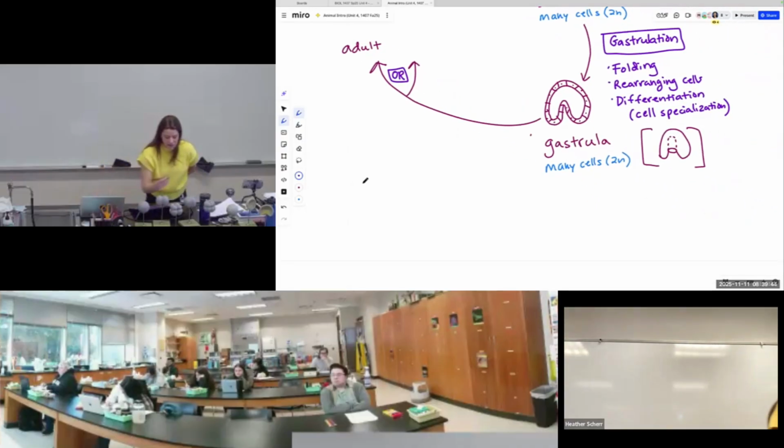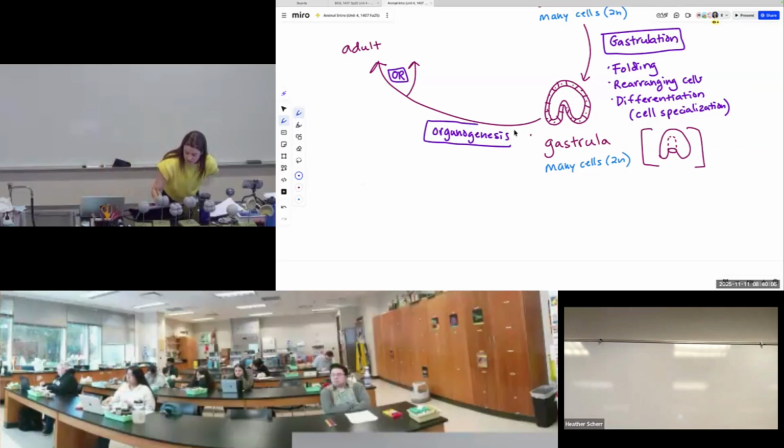It's going to be the rest of development, but a big process in that is organogenesis, generating organs, right? So the tissue types that are differentiated now will form different shapes, get further differentiated, have different functions, and become the different organs. Genesis means creation or formation.